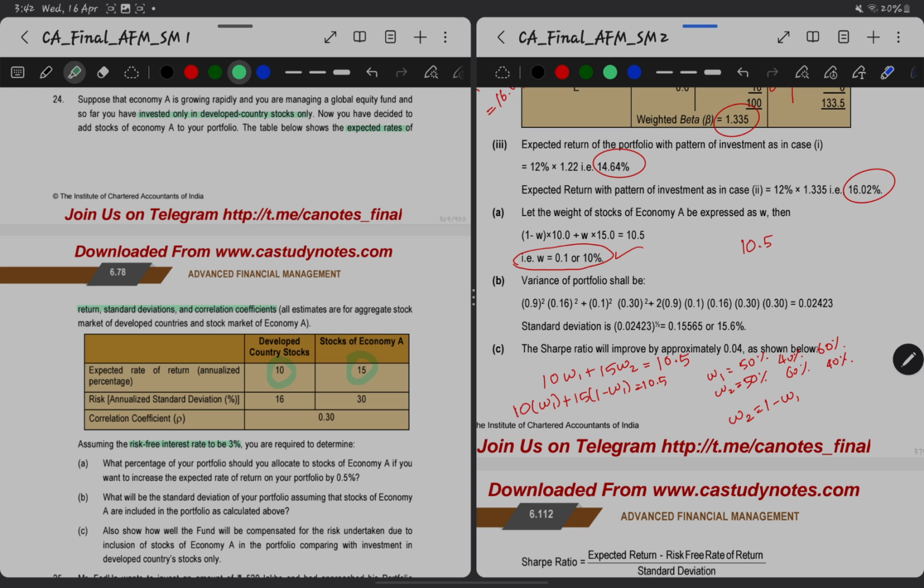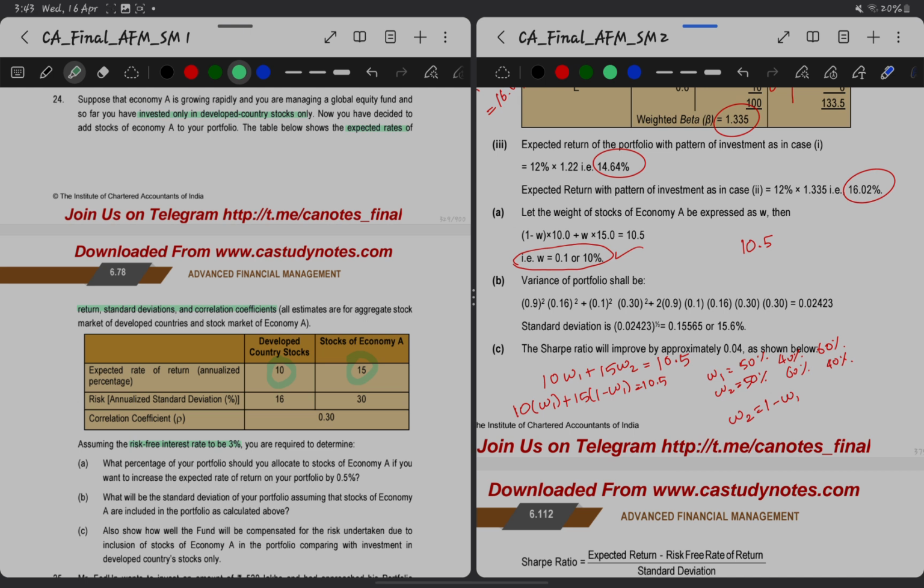The second requirement is what will be the standard deviation of your portfolio, assuming that stocks of economy A are included in the portfolio as calculated above. So using the above weights, we have to calculate the standard deviation of the portfolio.